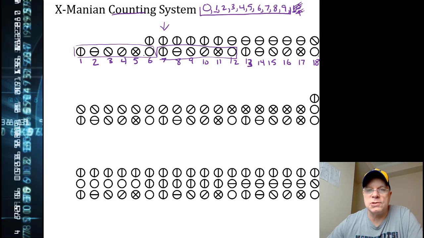Well, this alien number system is very similar, except instead of having a base 10 number system, a decimal number system, deci meaning 10, they have 6 values. So this is a base 6 number system, the alien number system.